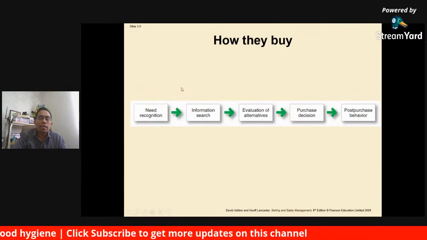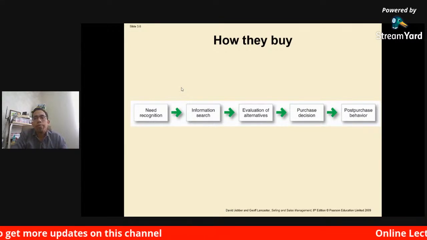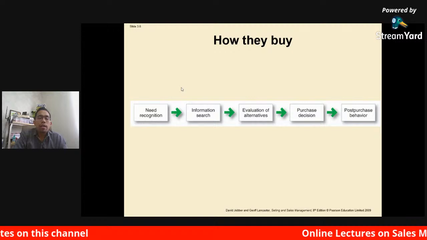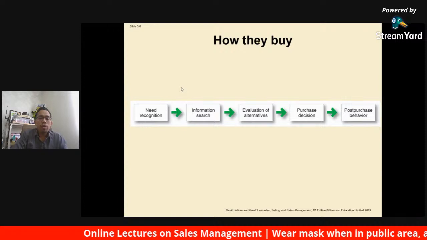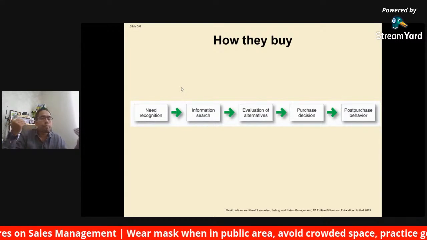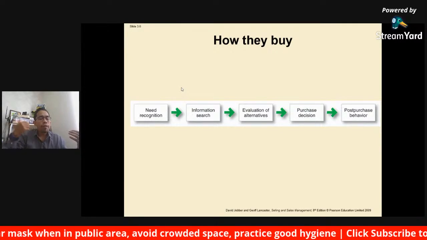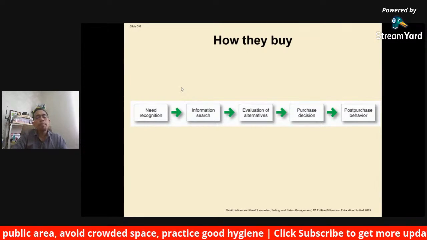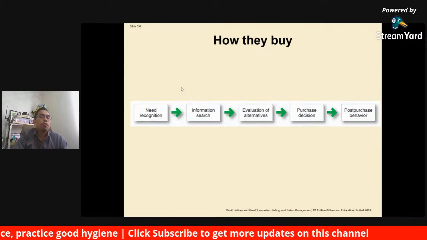Okay, this is how the end consumer makes their purchase decision. We start with need recognition. Are you hungry? You felt hungry, then you look for something to eat. If you have something predetermined in your mind, a set of food that you want to consume, you don't have to go into information search.